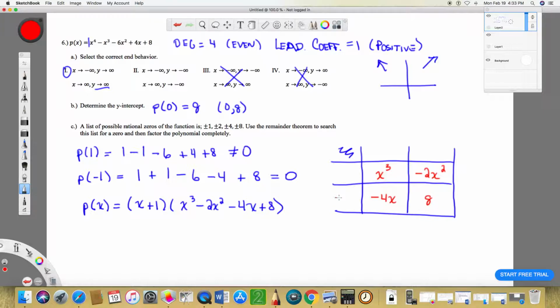And now we factor both horizontally and vertically.